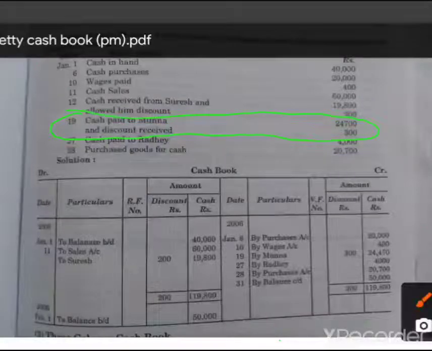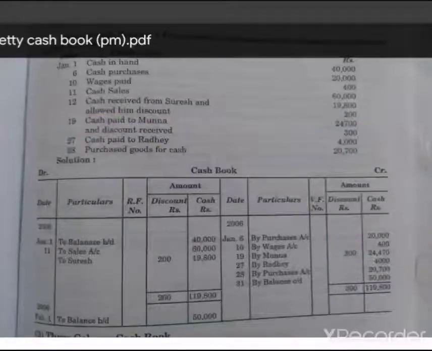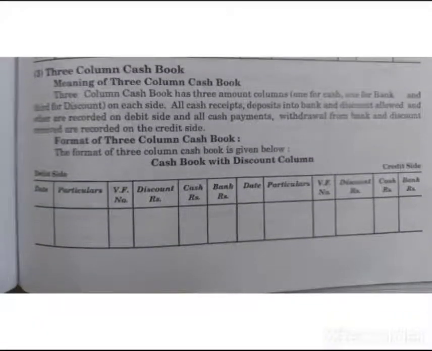So here since cash is credited, in the credit column we have written by Munna to 24,700, and the discount 300 rupees is again written in the credit column, in the discount column of the credit side. This is how a 2-columnar cash book works.